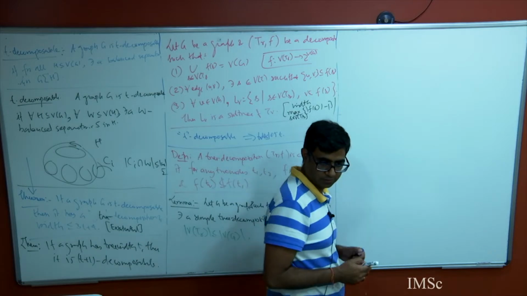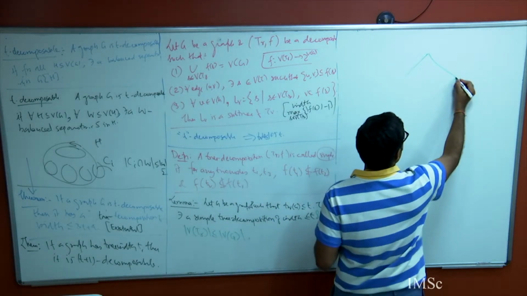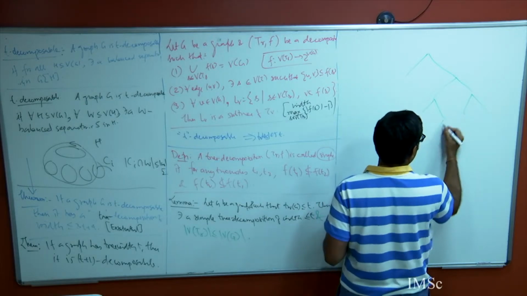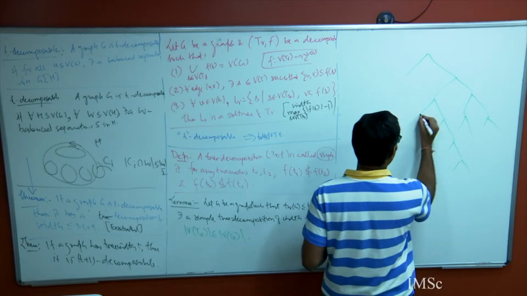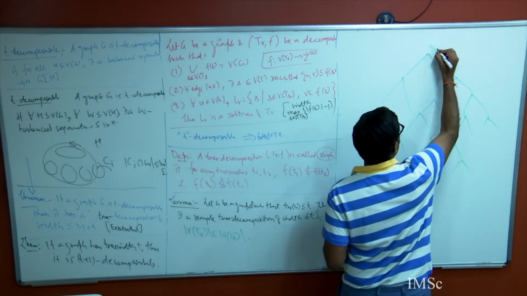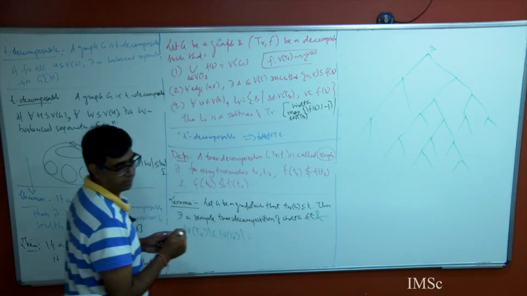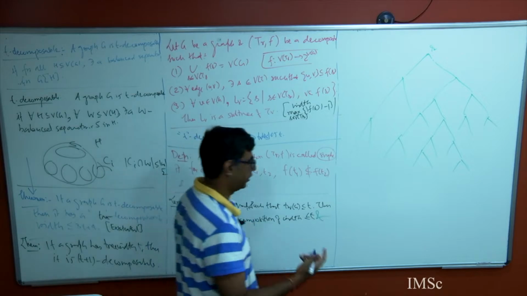So we can rub this, no? Okay. So now you have a tree. Suppose this is R, rooted. Now for every vertex in V(G), I am going to do something.